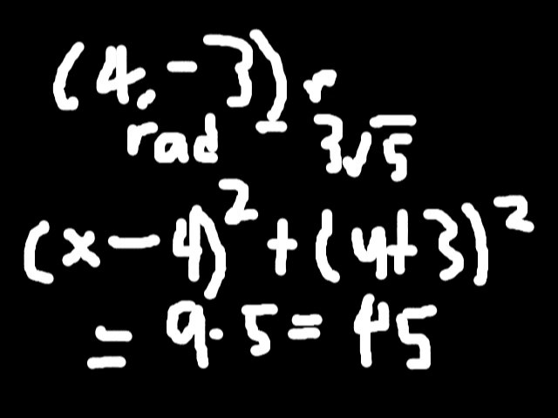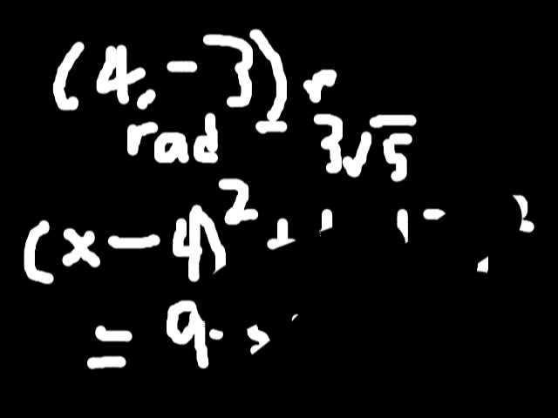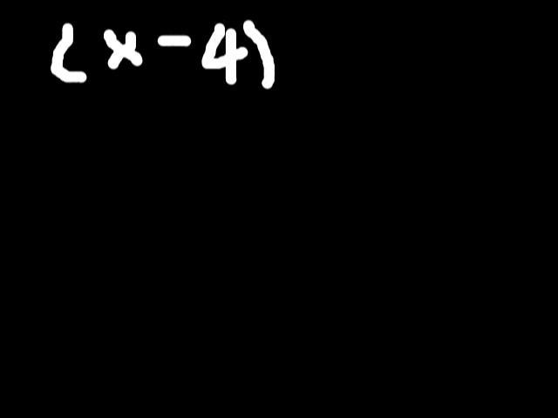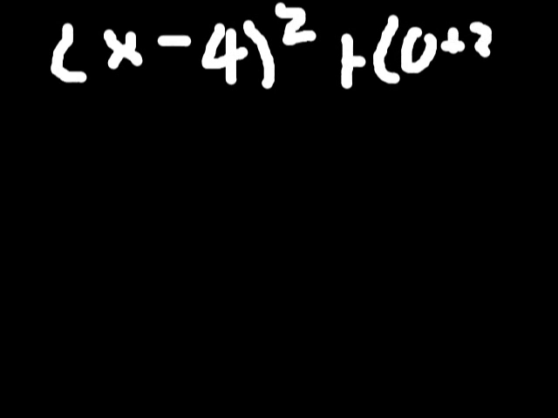So let's erase all this. So we're setting y as 0. So when we set y as 0, we get something like x minus 4 squared plus 0 plus 3 squared equals 45.